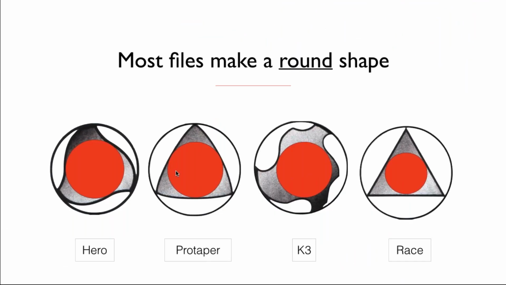So as I've alluded to already, files, and I don't know how many people are on the webinar, but I'm sure you're probably using 10, 15 different file brands, whether it's stainless steel files, rotary files, but at the end of your instrumentation, unless you're using one of these brand new technologies, you are making a round shape.